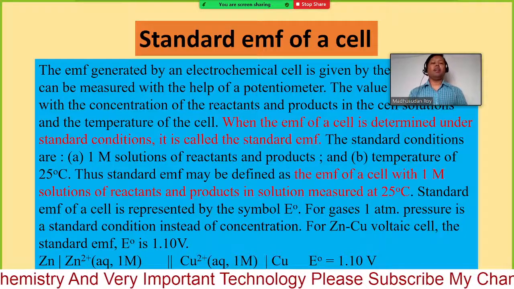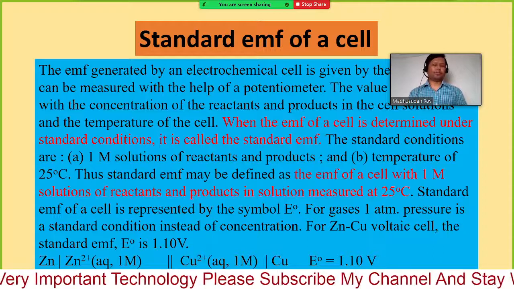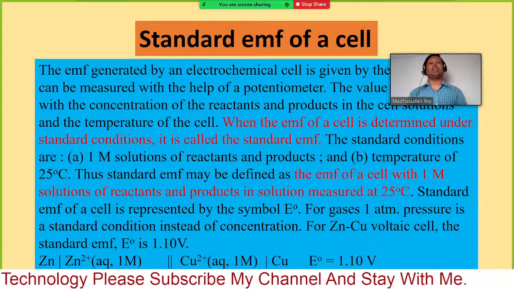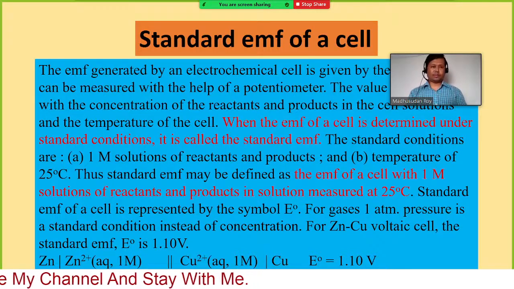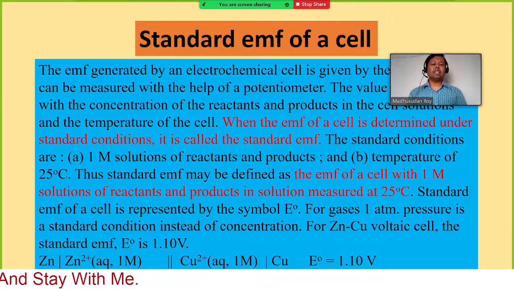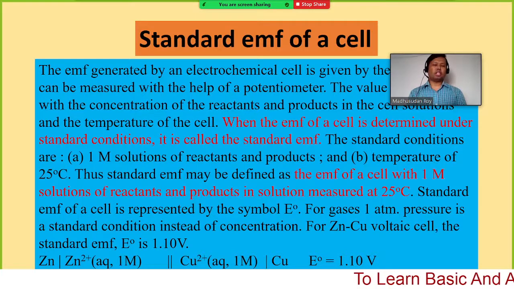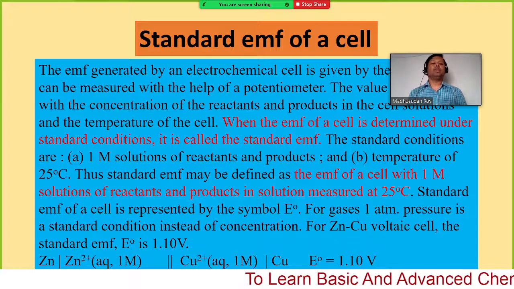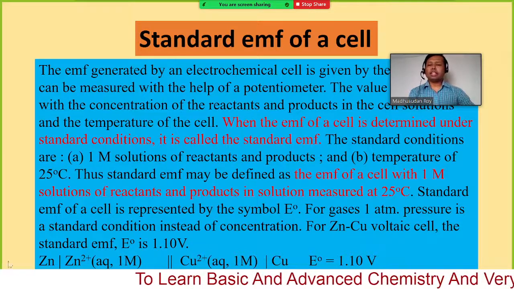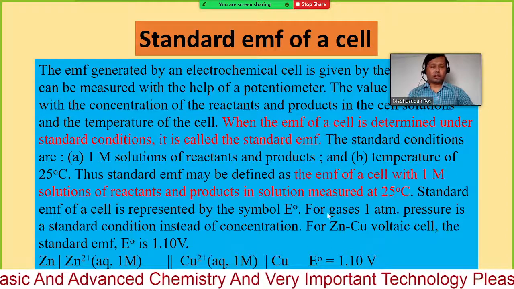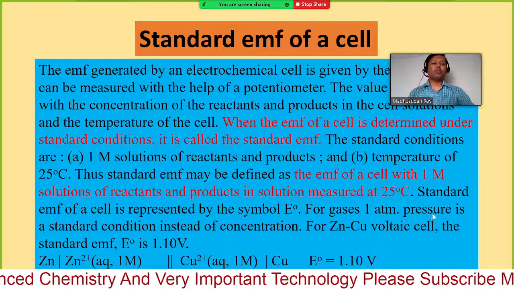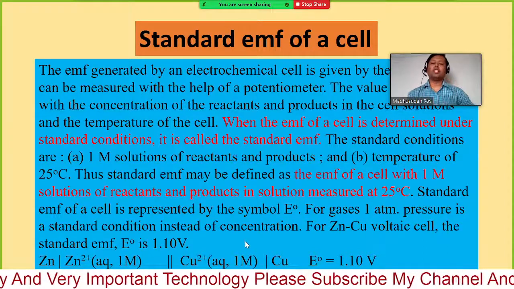If you have a gaseous component, you have to add another condition. For gases we cannot measure the concentration; we measure the pressure instead, but for liquids we can measure the concentration. The standard EMF of a cell is represented by the symbol E0. For gases, 1 atmosphere pressure is a standard condition instead of concentration.